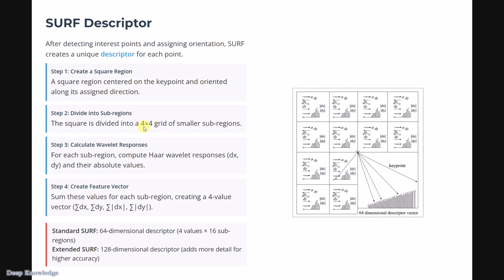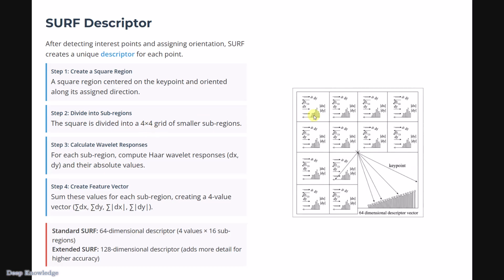It will be dividing the image into 5, 5, 5, 5, and how many of these? It will be 4 times 4. I will tell you why we get this 4.